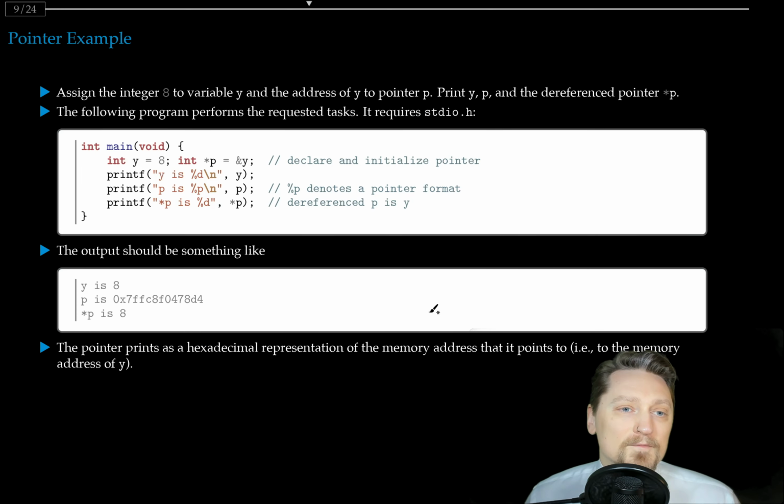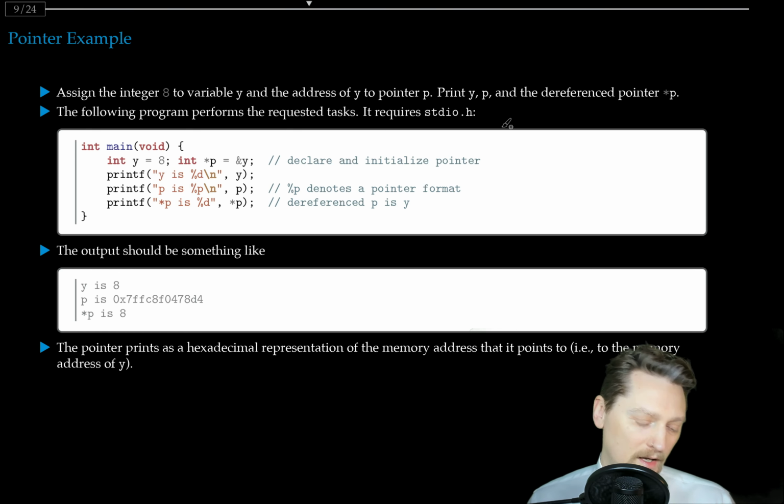Pointer example. Assign the integer 8 to variable y and the address of y to pointer p. Print y, p, and the dereferenced pointer *p. The following program performs the requested tasks. It requires stdio.h.